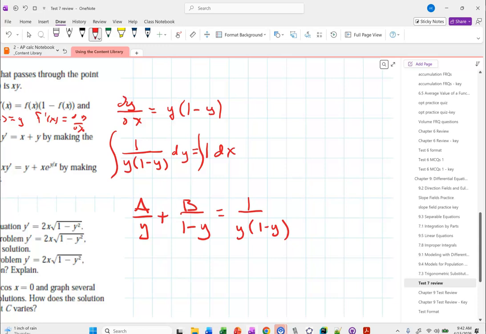So I'm going to clear the fractions. I'll multiply through by y times y minus 1. And then distribute things through.